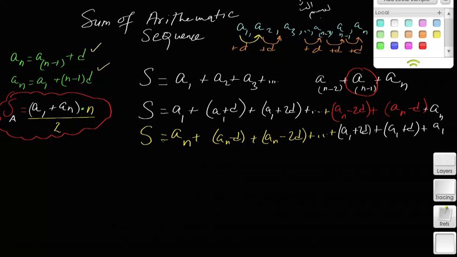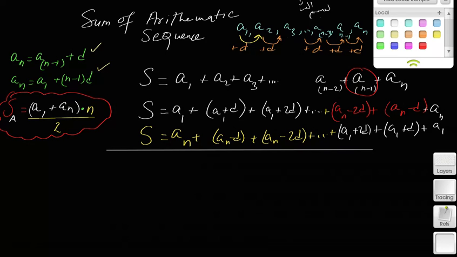So that's weird, you think? I wrote the sum, and then I wrote the same sum backwards. I just changed the order from first to last and last to first. Why did I do that, you say? Well, this is why I did that.